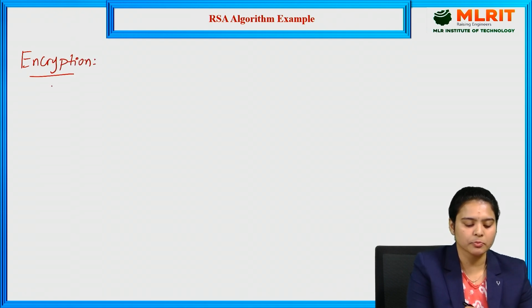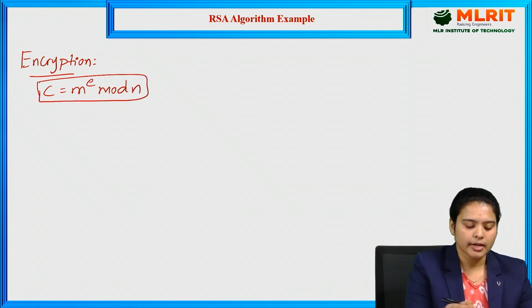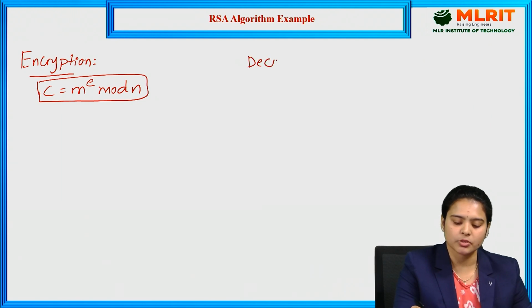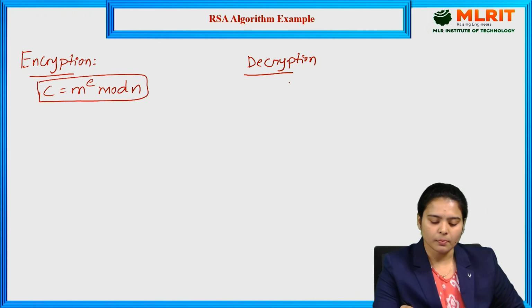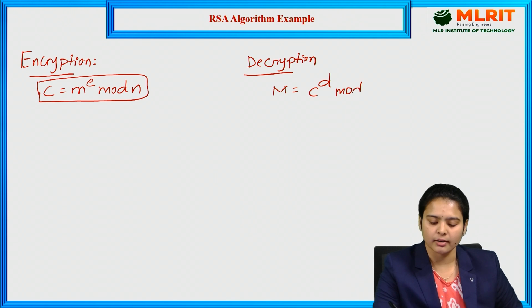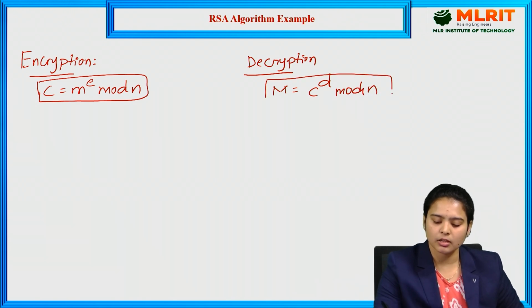In this process, C equals M power E mod N. This is the formula for encryption. Next, the formula for decryption: M equals C power D mod N. This is the formula for decryption.